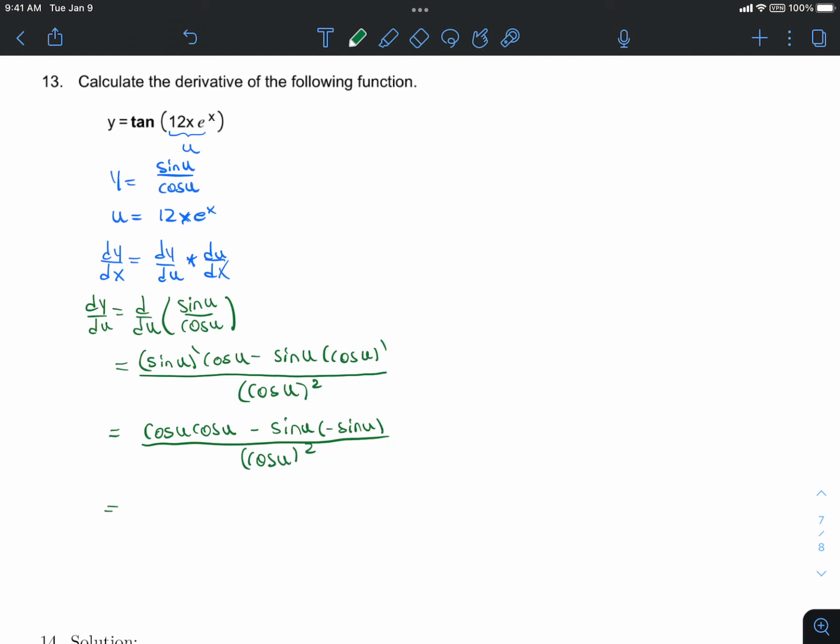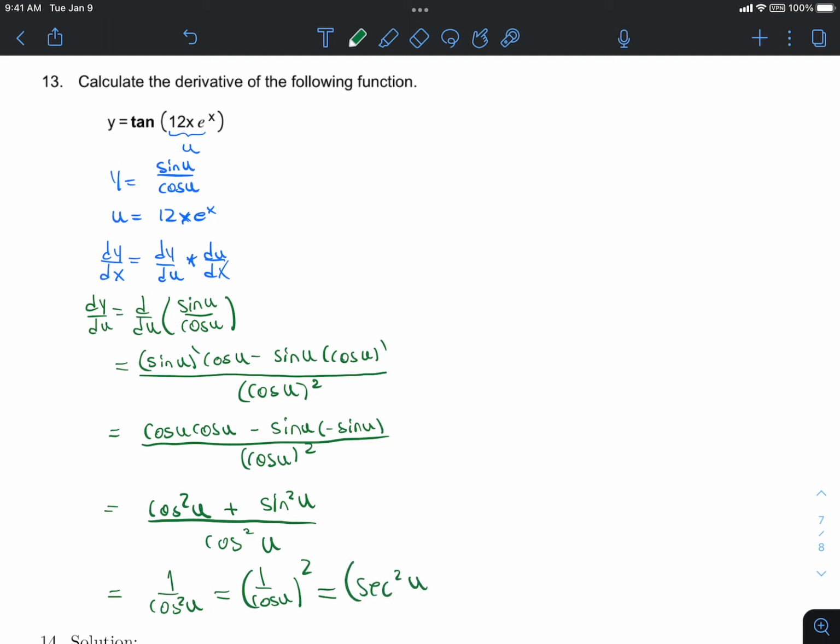So that's going to be cosine squared of u plus, because of the two minuses, sine squared of u, over cosine squared of u. So how cool is that? This is the Pythagorean identity, cosine squared plus sine squared equals 1. So this is 1 over cosine squared of u. So that's 1 over cosine of u squared. So that's the secant squared.